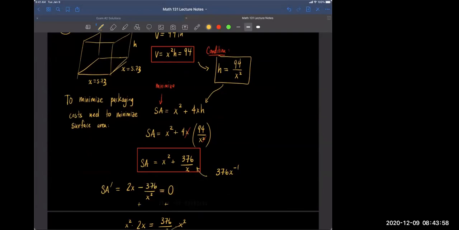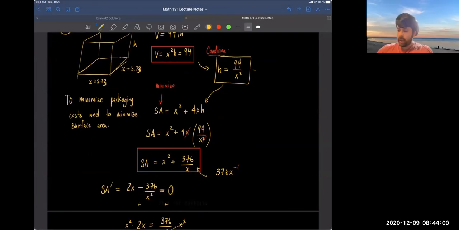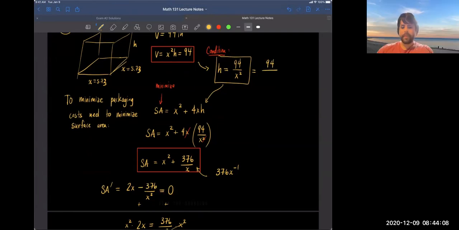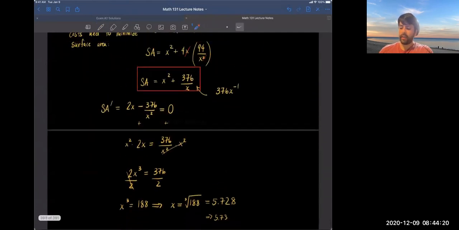Plug it in, right? So plug it in where? Plug it in where you have height in terms of x. Or you could just plug it in here. I know that the height is 94 divided by whatever the x value is squared. So I know the x value is 5.73.